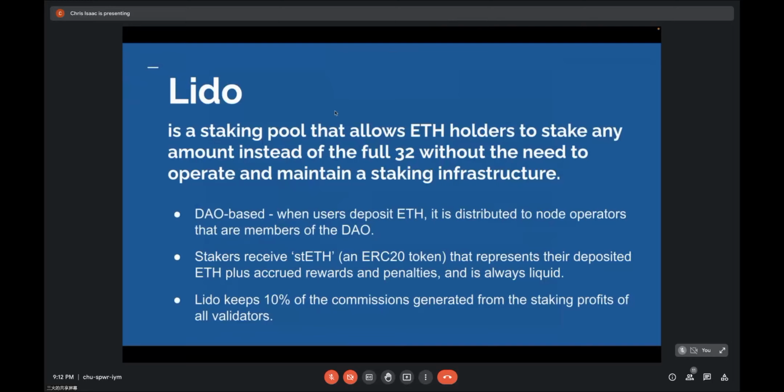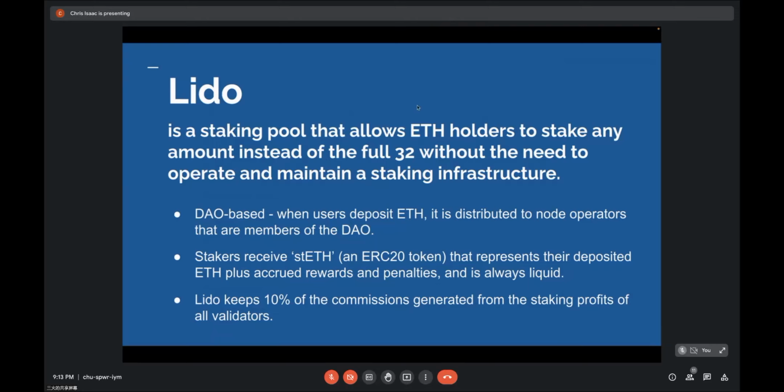So, after taking a look at some of those, now that you sort of understand what some of those risks are, that have been identified and that people are working on, that projects like ours are out there to solve, let's take a look at the two big guys out there right now. We'll start with Lido, and essentially Lido is a staking pool that allows any amount to be staked.